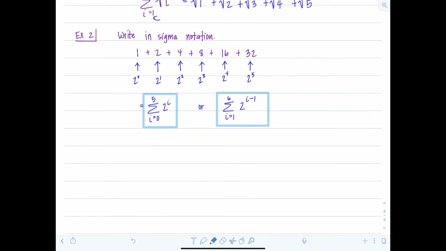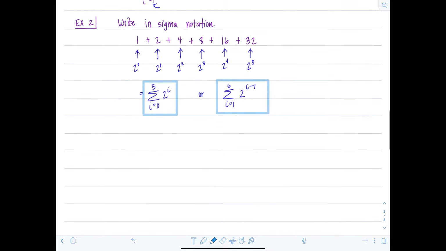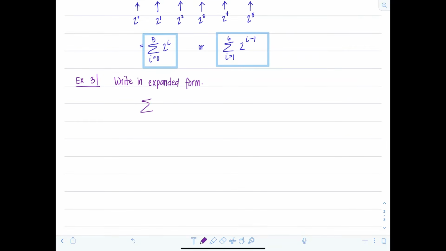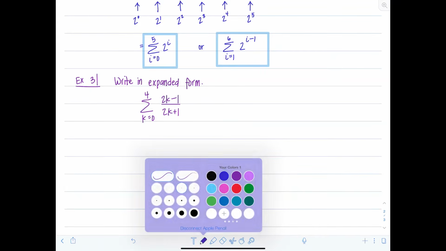Okay, good. Let's look at another one, maybe a little more exciting. Example 3. We're going to write in expanded form. And here we're going to switch the index using k equals 0 to 4, doesn't matter. Then we have (2k minus 1) over (2k plus 1). All right, so for this sum, I'm going to start by substituting in 0 for k.